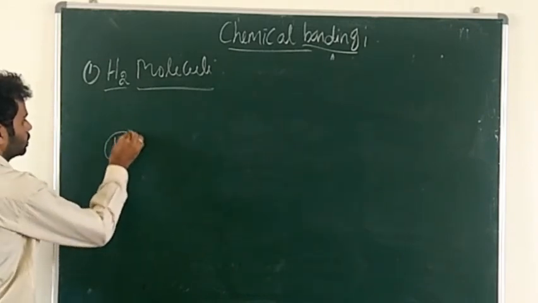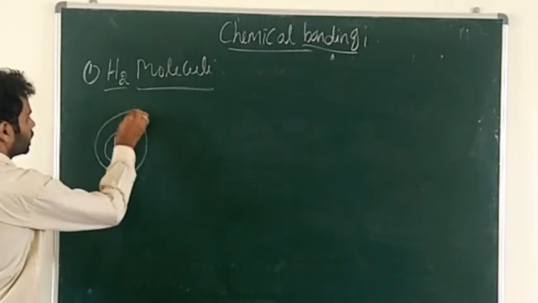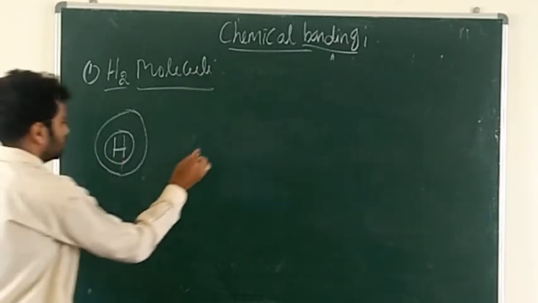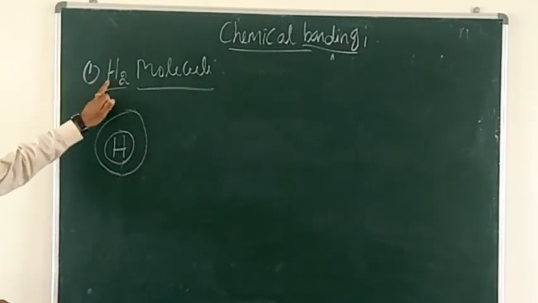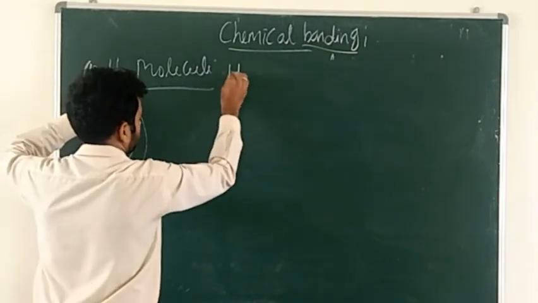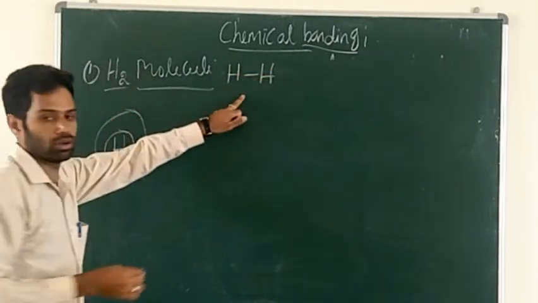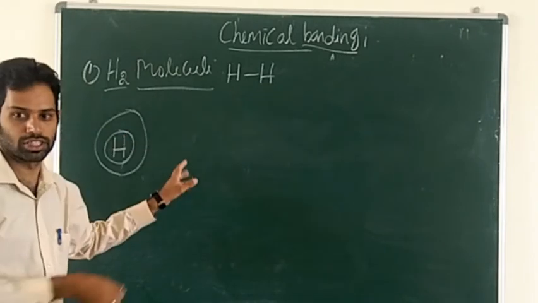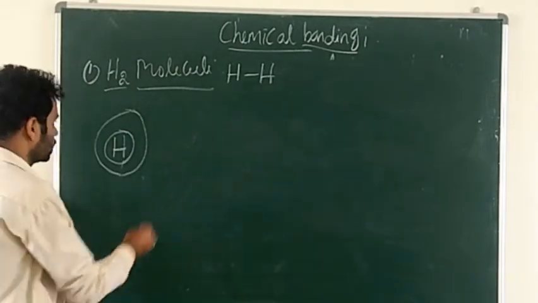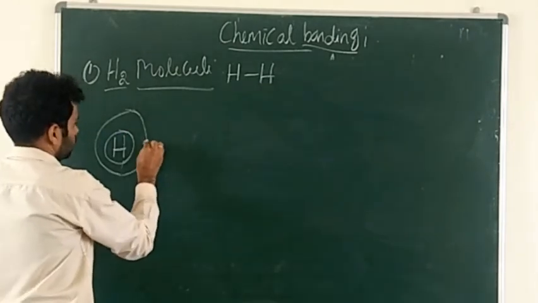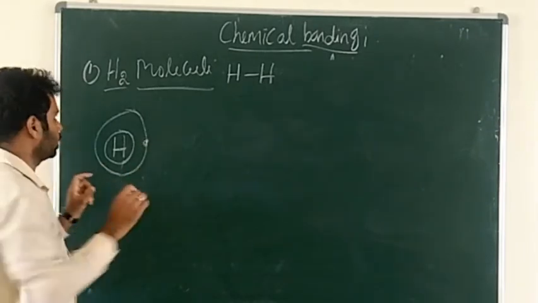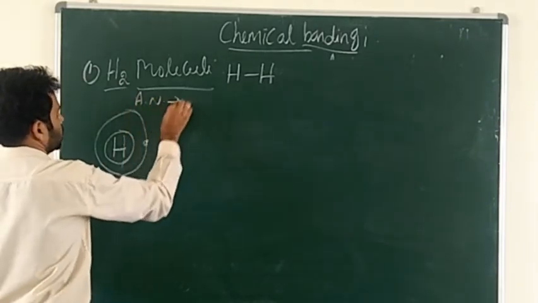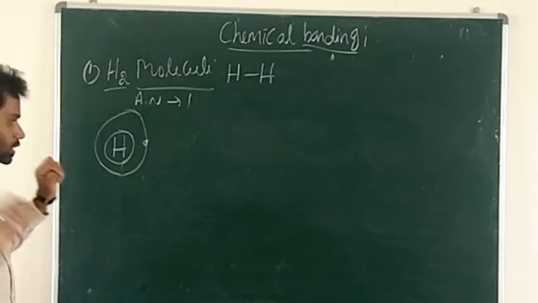This is a nucleus, and this is the K shell. Two atoms of hydrogen. We know how bond will form, like this. This is the procedure for how the structure came. Here in the K shell, one electron. Atomic number 1, so only one electron in the K shell.